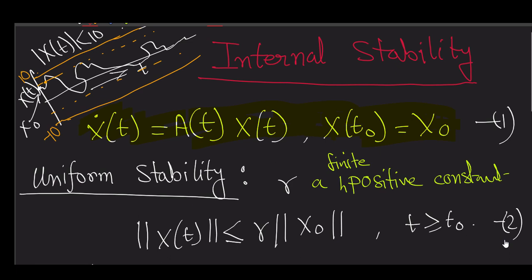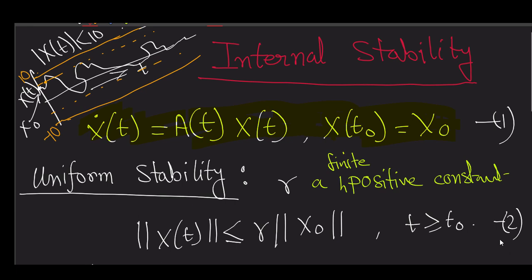So when we talk about internal stability, we have one initial condition, and from that our trajectory starts. Then we see how the trajectory transits from one time to the next, and then we look for a bound.